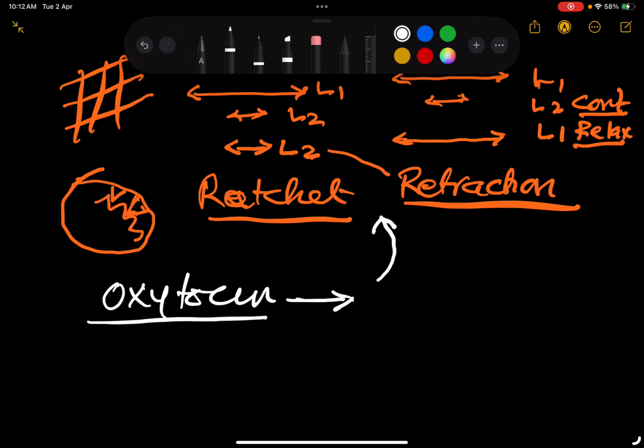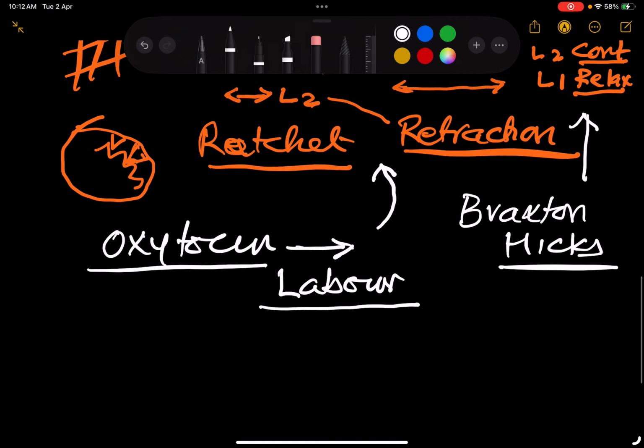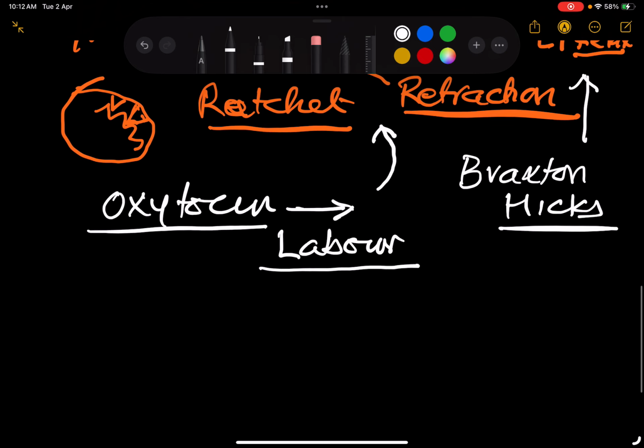Normally the uterus is contracting, but it is this type of contraction, and those are called Braxton Hicks contractions. But here, this is the contraction of labor. So this retraction is added during labor under the influence of oxytocin.